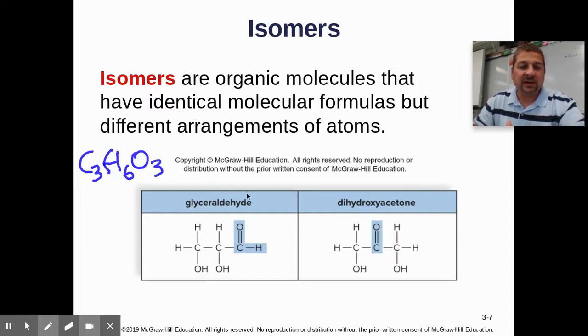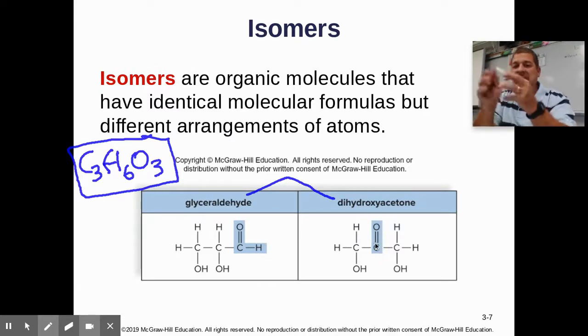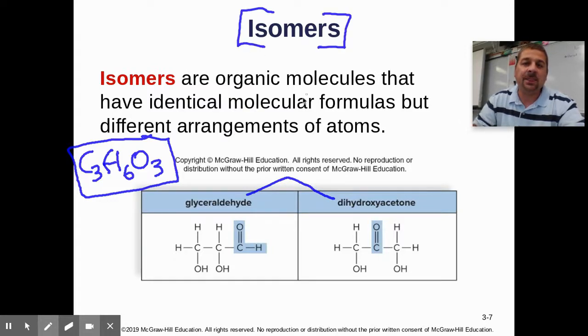Both glyceraldehyde and dihydroxyacetone are going to be C3H6O3. Their chemical formulas are going to be the same. But when you look at their structural formulas, you see that those atoms are rearranged into not quite the same molecule. So we call those isomers of each other. So just be aware that when you see a chemical formula, how it's actually put together can vary, can be different.